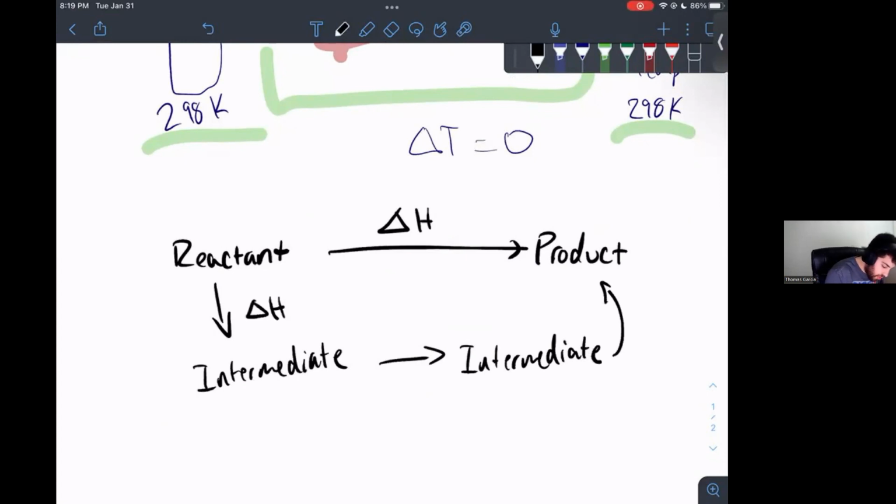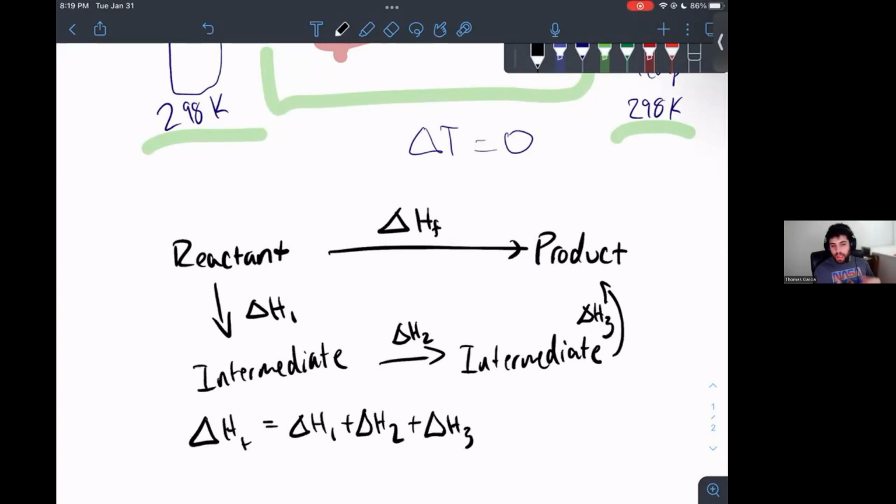This delta H1, delta H2, delta H3, they all add up to delta H. We'll say delta H of F, delta H formation, will be equal to our delta H1 plus our delta H2 plus our delta H3.